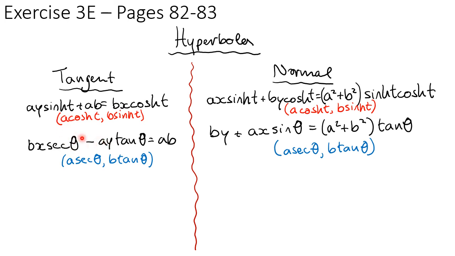So choose the appropriate one. As I said before, you can do these questions without remembering these formulae, but it will save you a bit of time if you can memorize them.